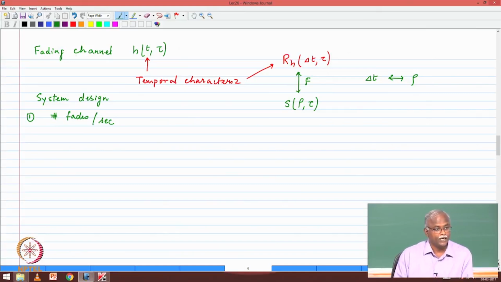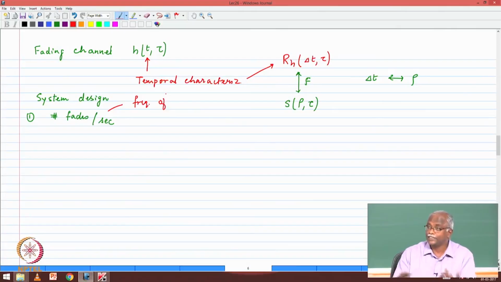Well, number of fades per second tells me that I have to send that many training sequences so that I can estimate the channel, because I assume that every time there is a fade, I lose track of the channel and the receiver needs help. So this is going to affect the frequency of channel estimation.